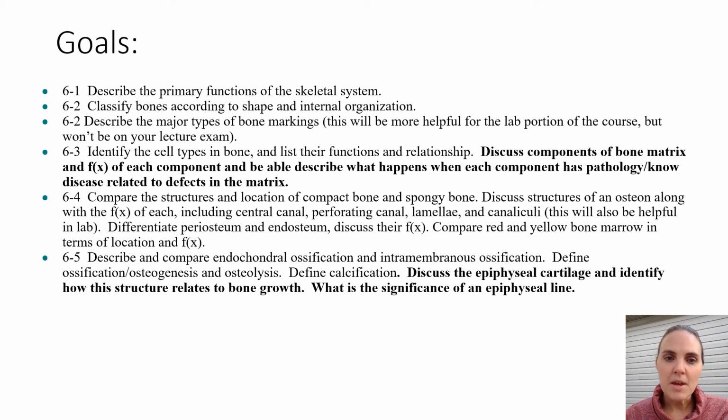To differentiate periosteum and endosteum, as well as red and yellow bone marrow, and to compare endochondral ossification and intramembranous ossification, describe ossification, osteogenesis, osteolysis, and calcification, and then to discuss the epiphyseal cartilage and identify how it relates to growth of the bones, and what's the significance of the epiphyseal line.